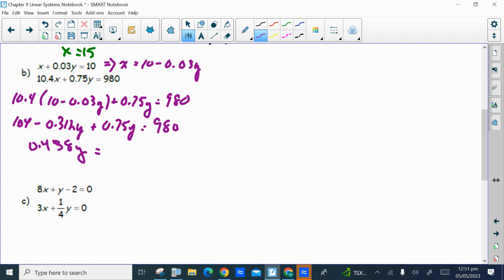And that must equal on the right side, I've got 980. I need to subtract 104 from that. So if it was 980, take away the 100, that's 880. Take away 4 would be 876.